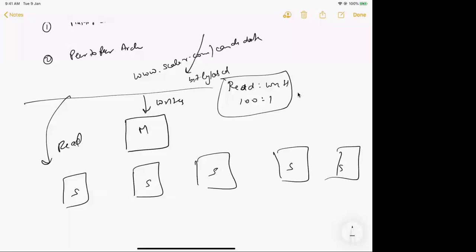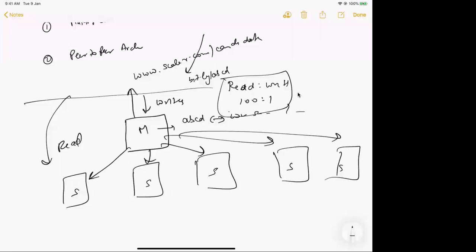Now, when you are writing this, you definitely write this into the master. ABCD is mapped to www.scalar.com/candidates. Now, there are two ways about it, as we discussed in the previous classes. One way is that you will only give back a reply to them once you have persisted this to every slave. That will ensure full consistency. Does that make sense?